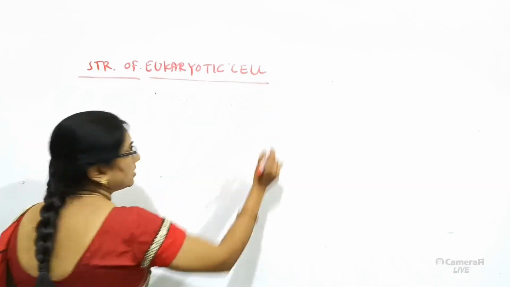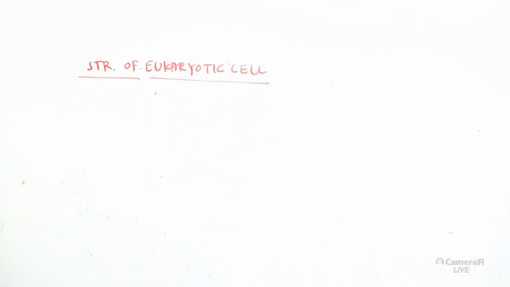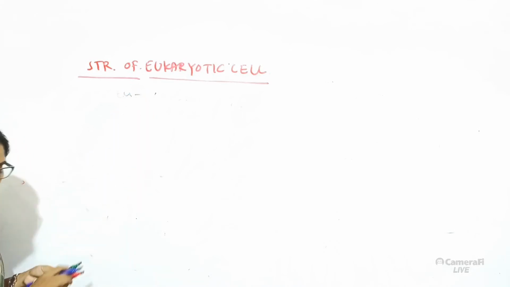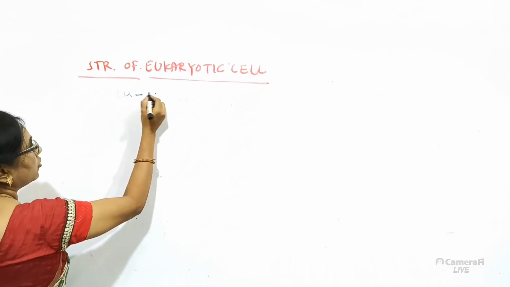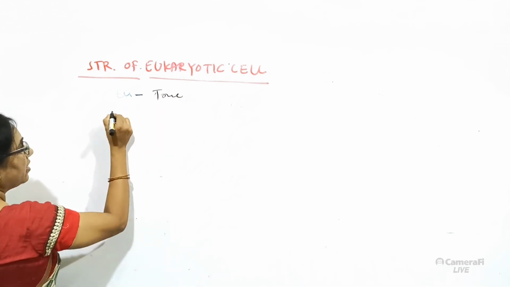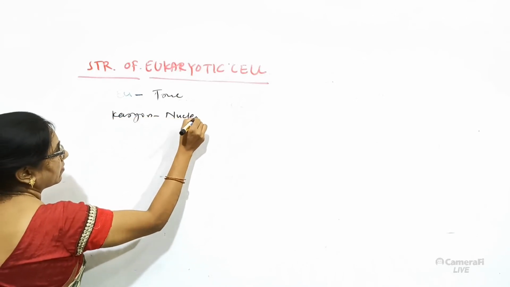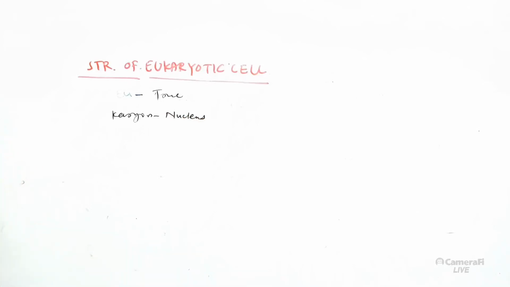So, what is the meaning of eukaryotes? Eu means true and karyon means nucleus.